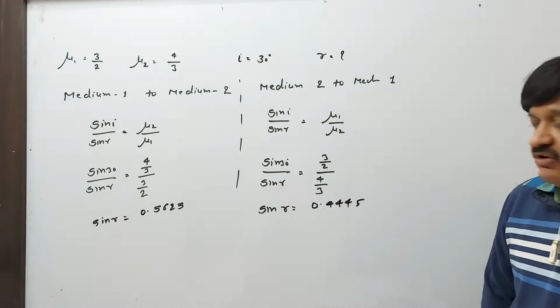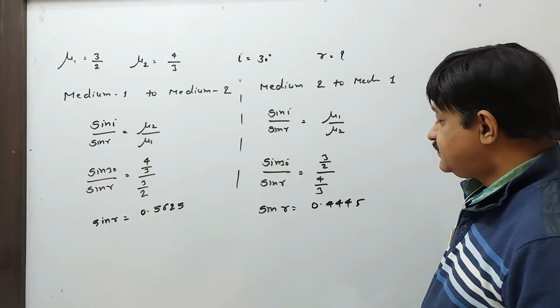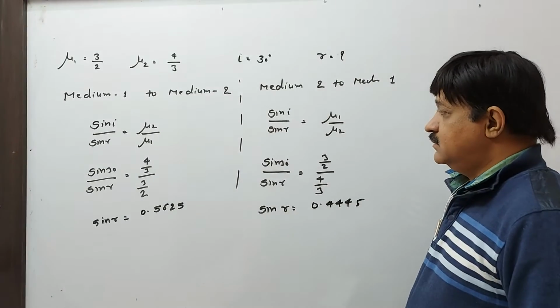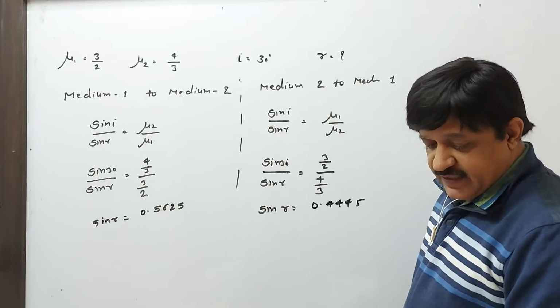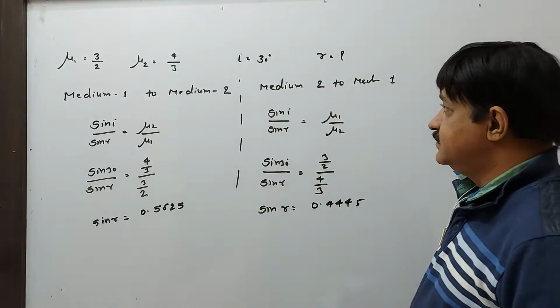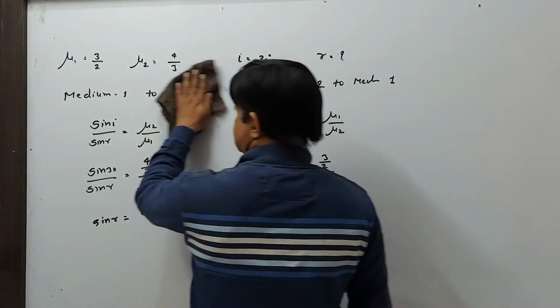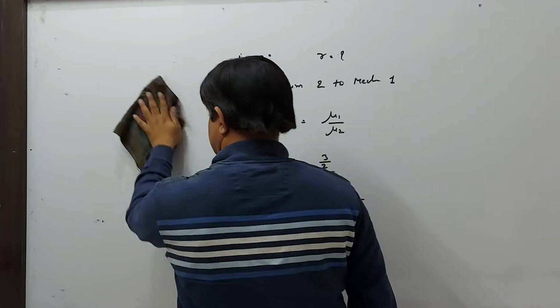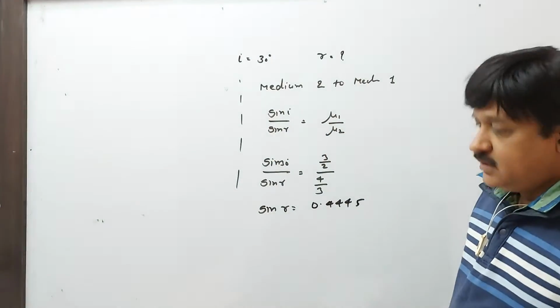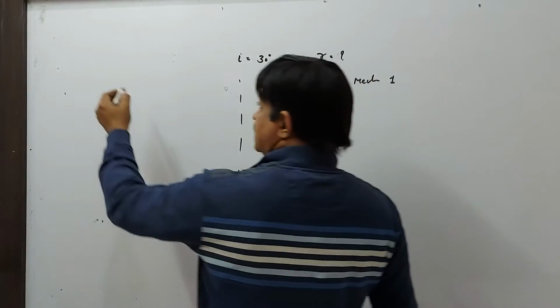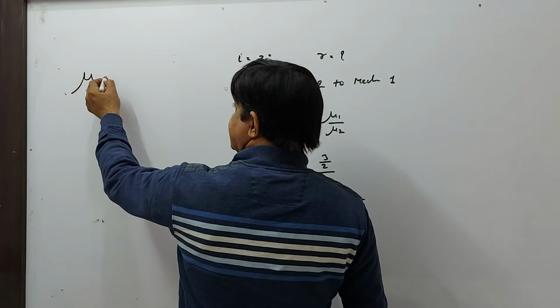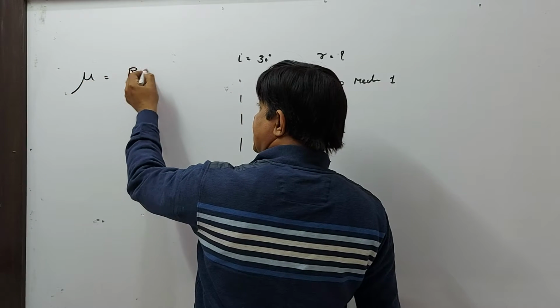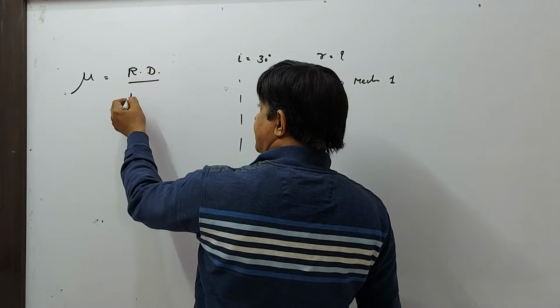Second concept is for the real depth and apparent depth. We know the formula. Refractive index is always equal to real depth upon apparent depth.